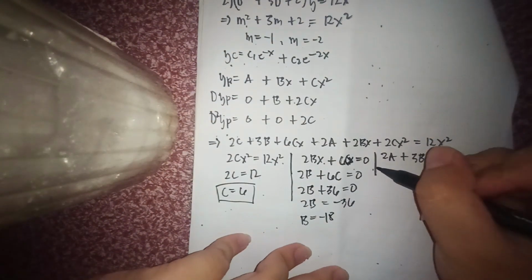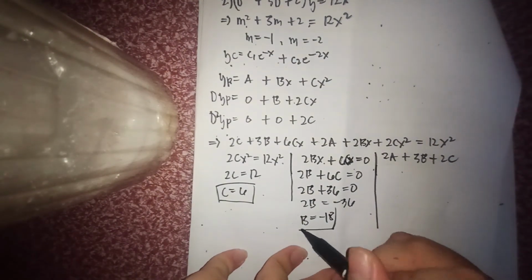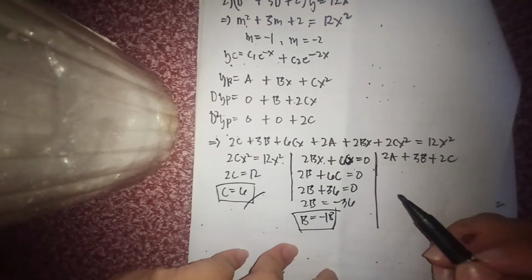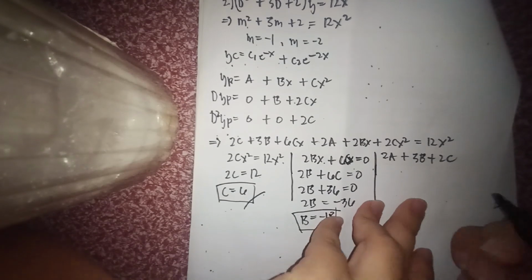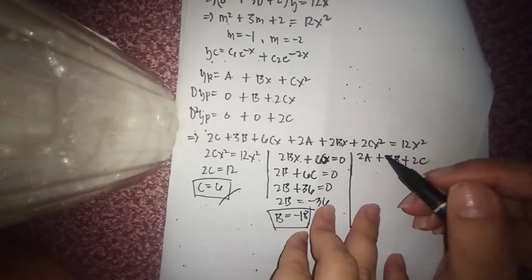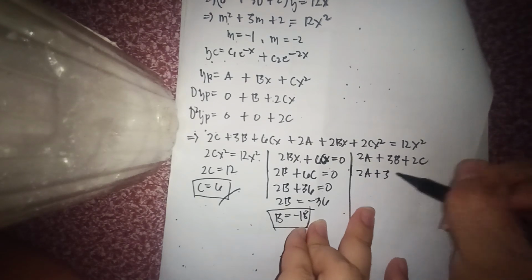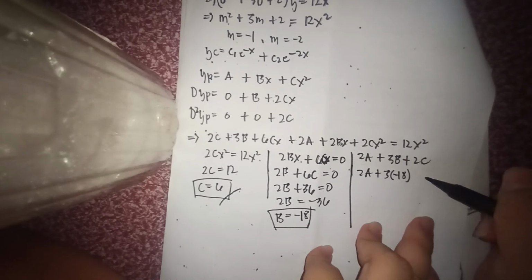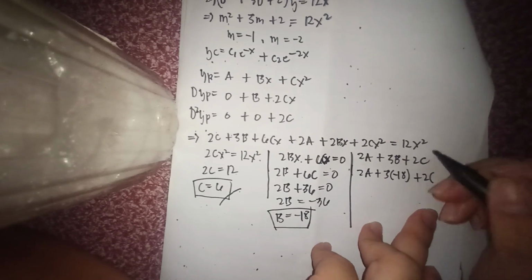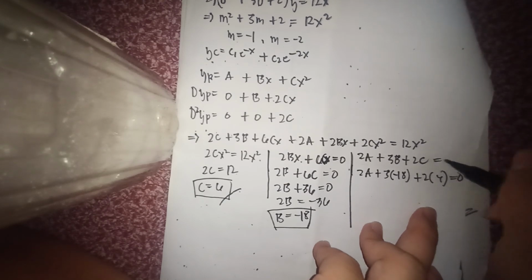Okay. Next is to get the value of our a. So we have the value of b and we have the value of c. So let's substitute this value into this equation. So 2a plus 3 times negative 18 plus 2 times 6 equal to 0.